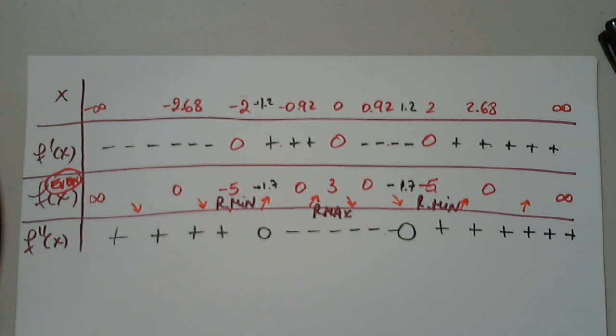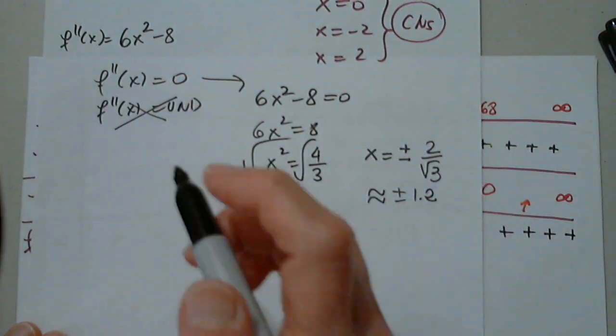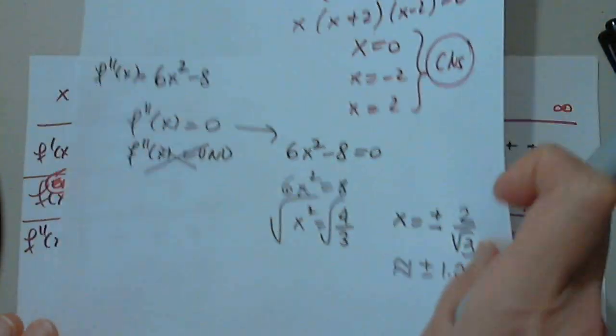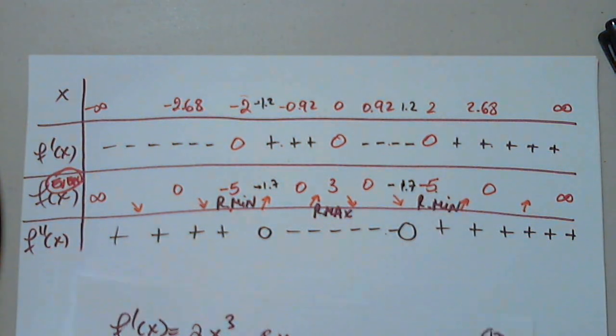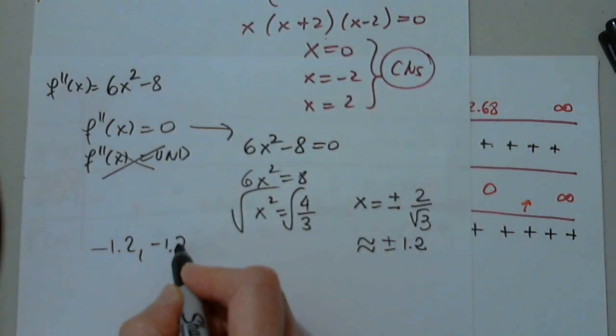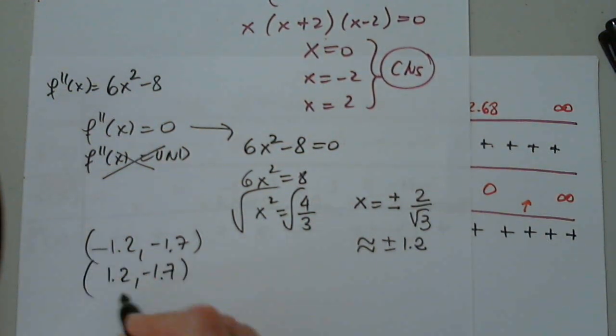Now let's analyze what this means. Okay. So at this point, we found two points, negative 1.2, negative 1.7, and 1.2, negative 1.7.